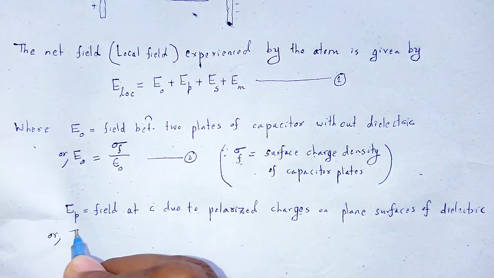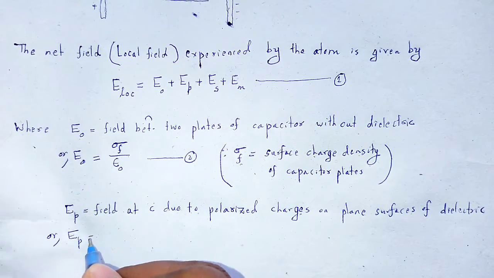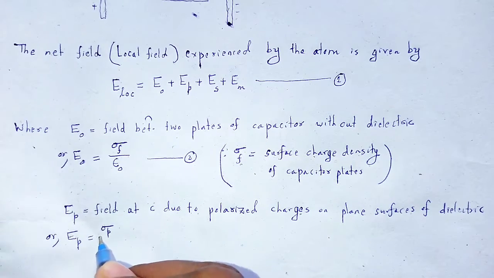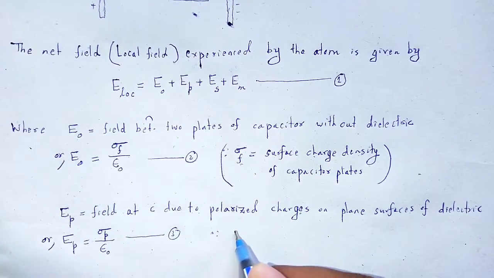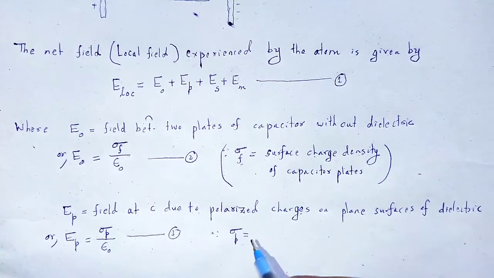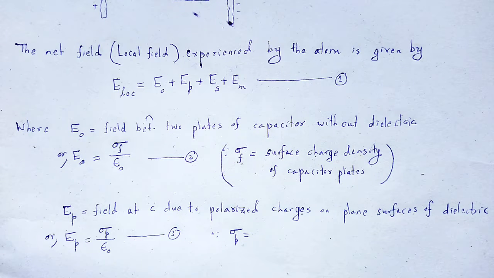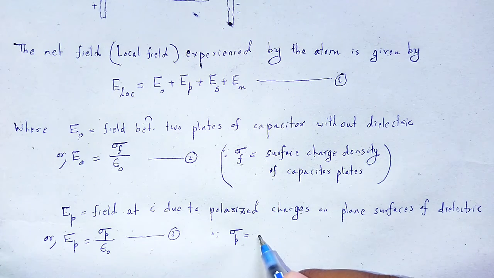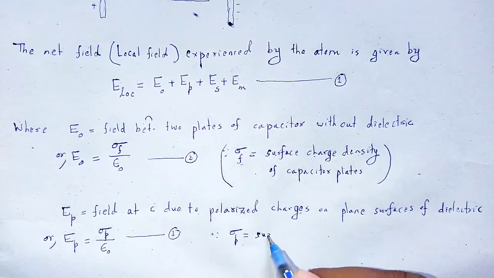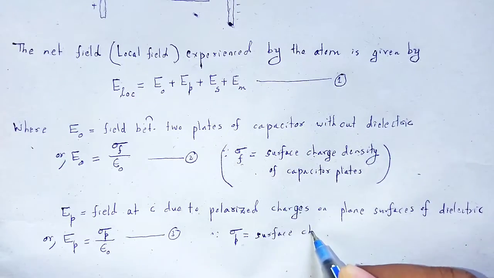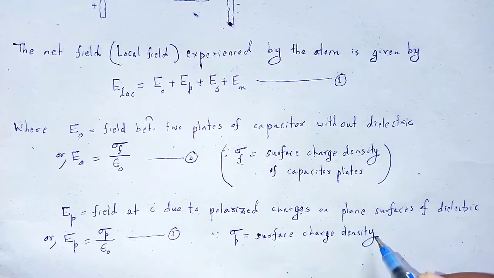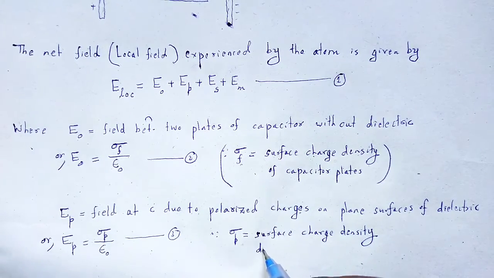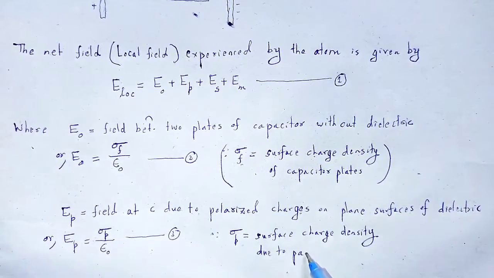And that value EP is equal to sigma p divided by epsilon naught, whereas sigma p is the surface charge density due to polarized charges.